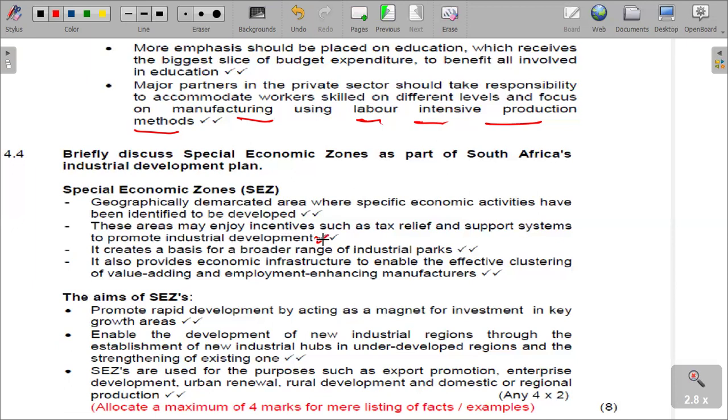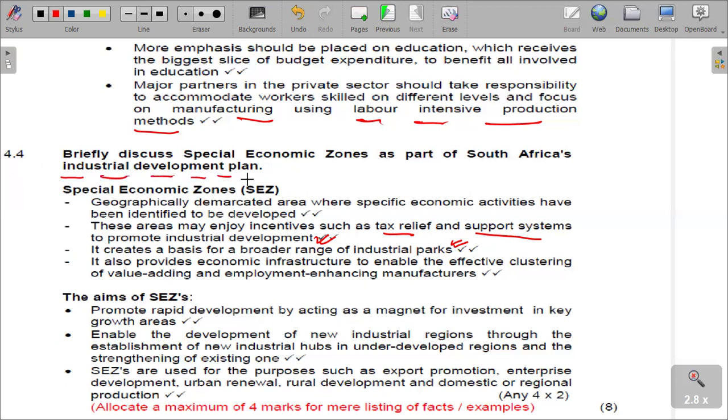So we are saying there are special economic zones where these areas may enjoy incentives such as tax relief. We talk about support systems. We talk about promoting industrial development, that it creates a basis for a broader range of industrial parks, which we also need in terms of the industrial development plan.